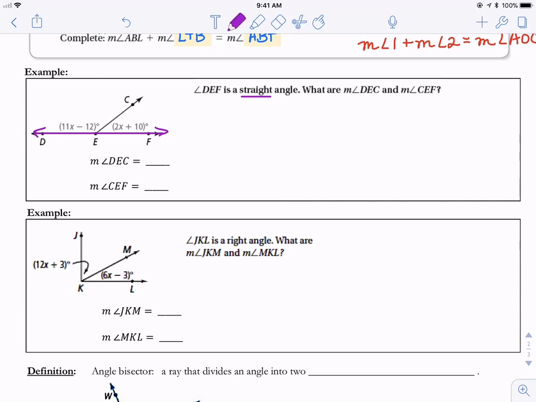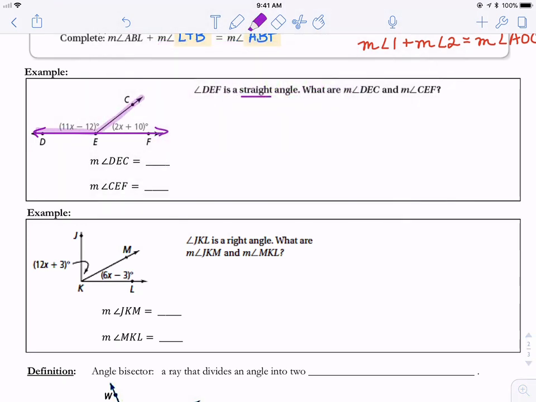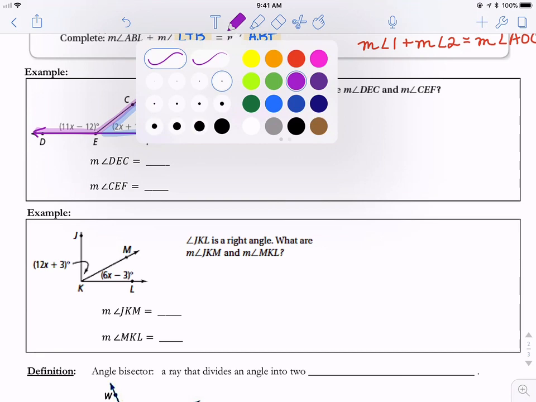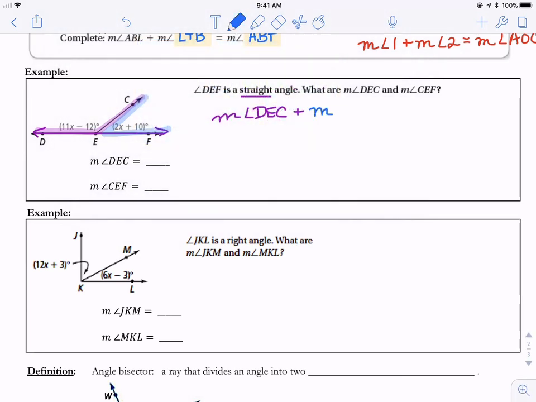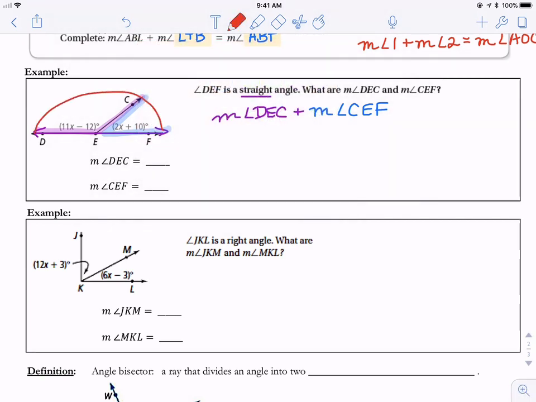So first of all, I'm going to write the angle addition postulate equation, which is the measure of angle DEC plus the measure of angle CEF is equal to the measure of the whole entire angle, which is the measure of angle DEF.